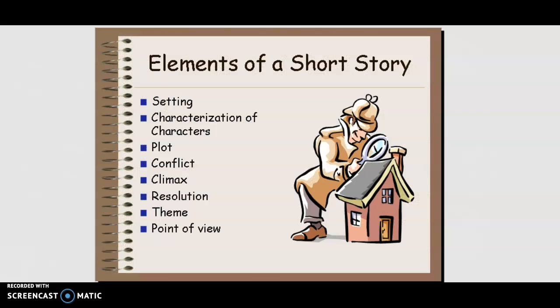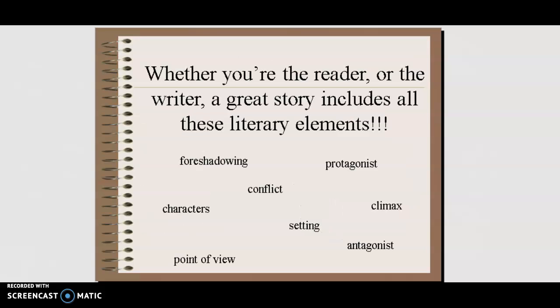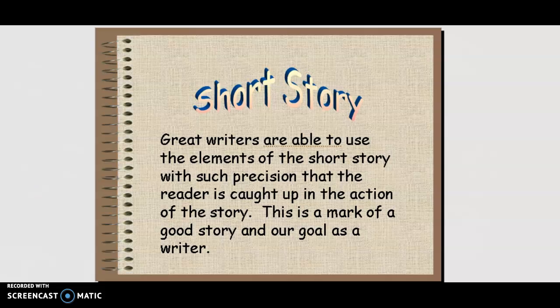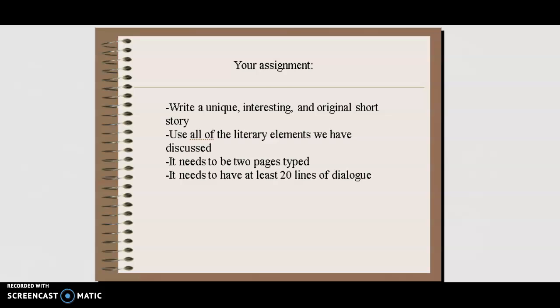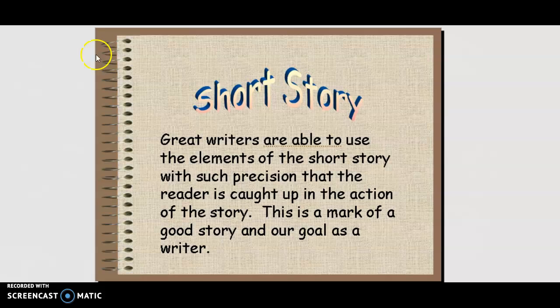And let's remember that you have here this material to practice, and the elements of a story are setting, characterization of characters, plot, conflict, climax, resolution, theme, point of view, and that's it. There are some elements that we have to take into account, the same elements, and also a quotation mark. This is related to the homework that is here.